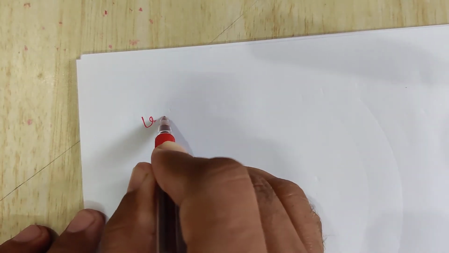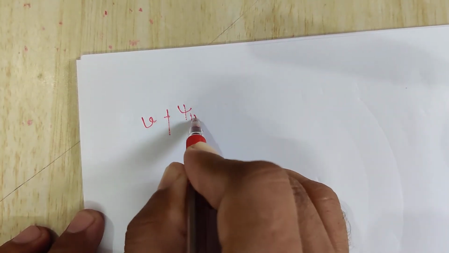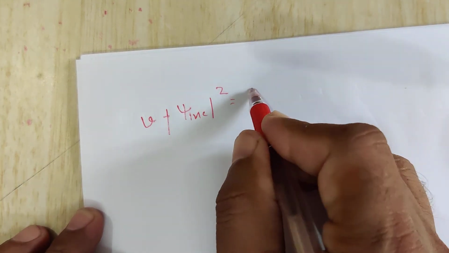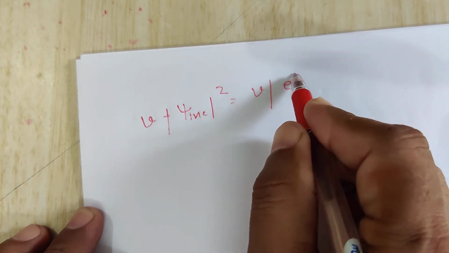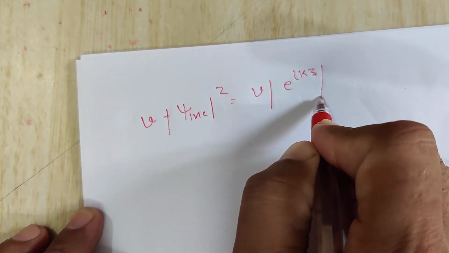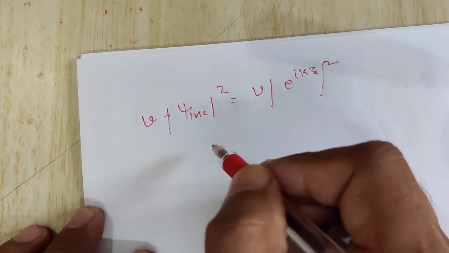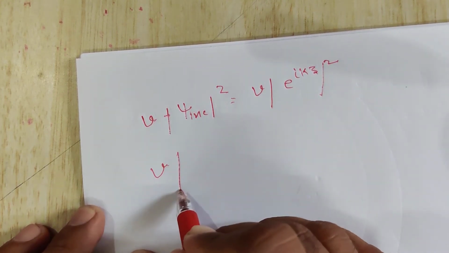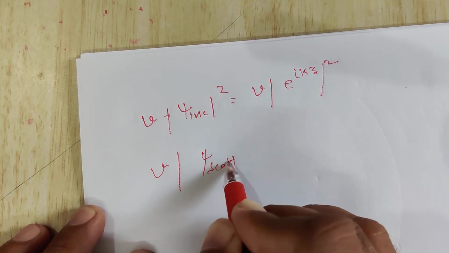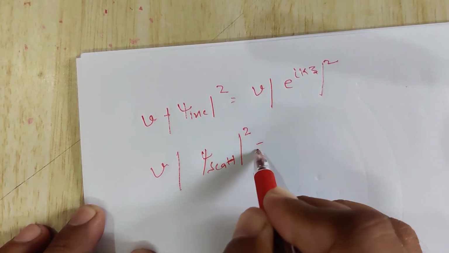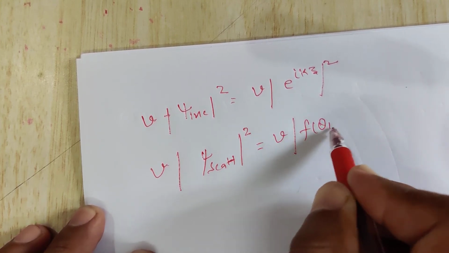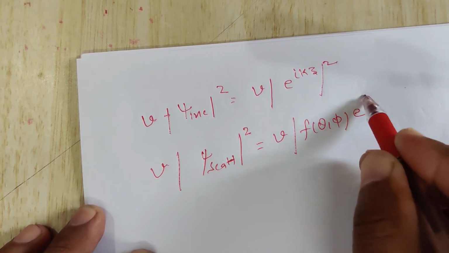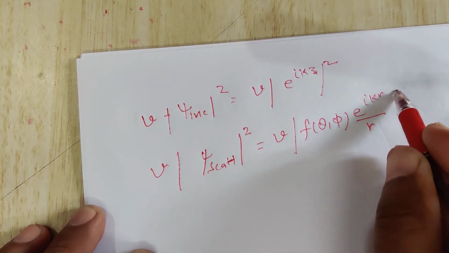The magnitude of the incident flux density along the z axis is given by V |psi incident| square equals V |exponential iota kz| square, and the scattered flux density is given by V |psi scattered| square equals V |f(theta, phi) exponential iota kr upon r| square.